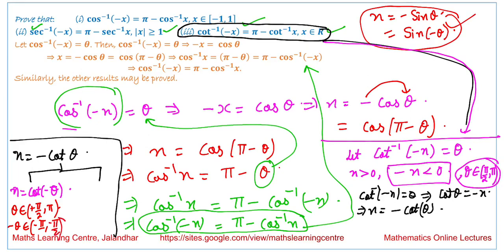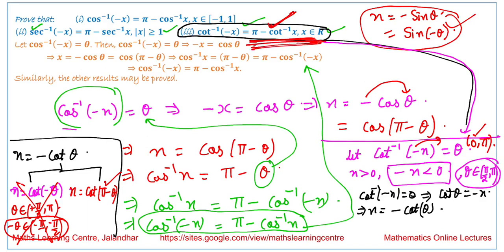But we know that the principal values of the cot inverse function should belong to the interval 0 to pi. So we are not considering the solution in this form, but we are writing x is equal to cot of pi minus theta, where if we consider the function in this form, the final values will remain in the interval 0 to pi, and that is why we are obtaining the answer in the form pi minus cot inverse of x.